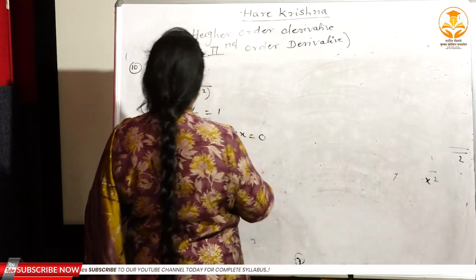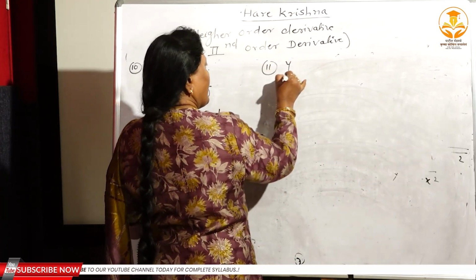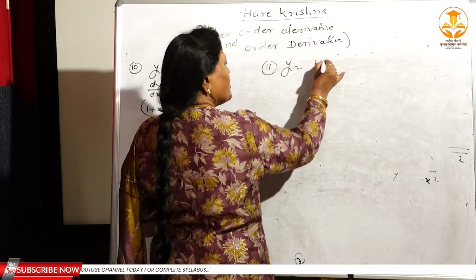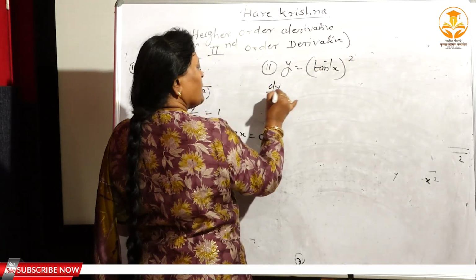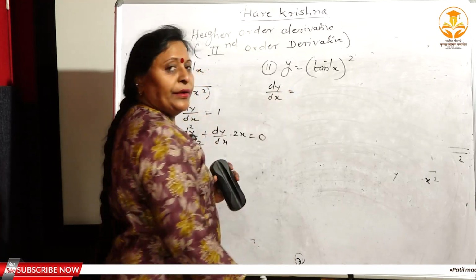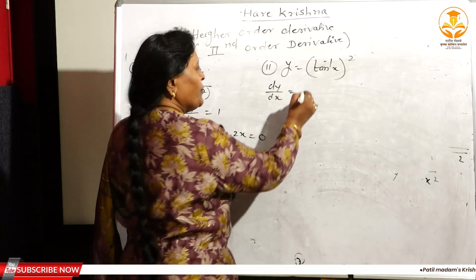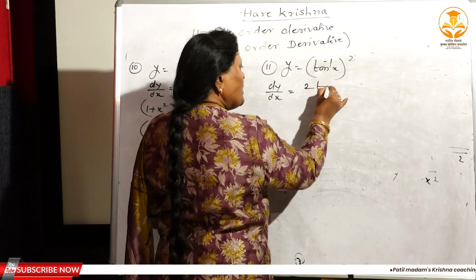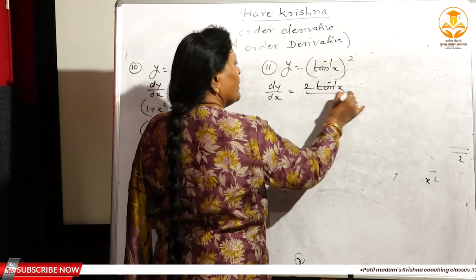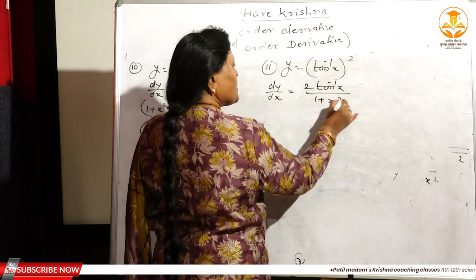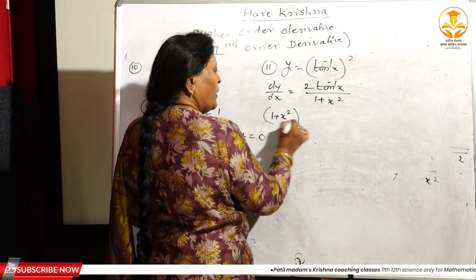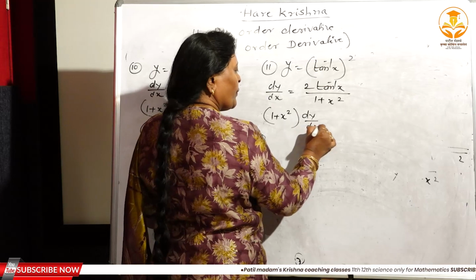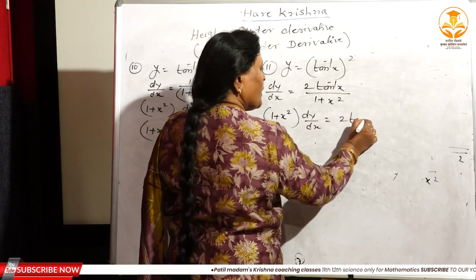See, again 11. Y is equal to tan inverse of x whole square. Right? dy by dx. Again u square, the derivative of u square is 2u, means 2 tan inverse of x, and the derivative of tan inverse x is 1 upon 1 plus x square. As usual, cross multiply: 1 plus x square dy by dx is 2 tan inverse of x.